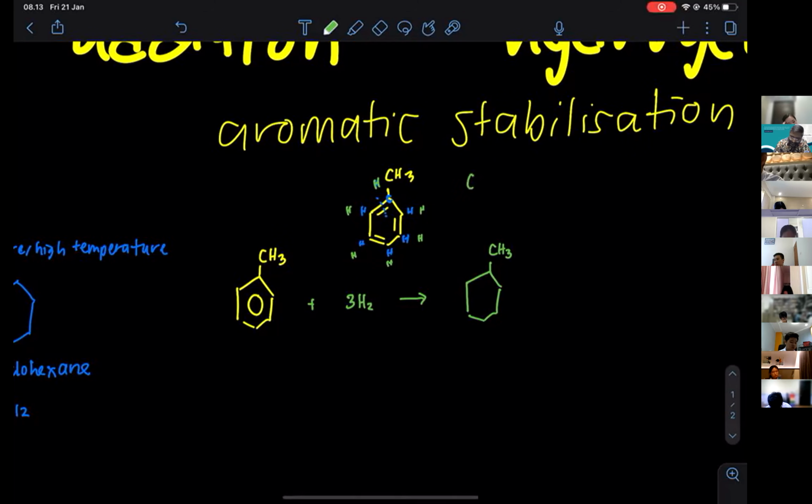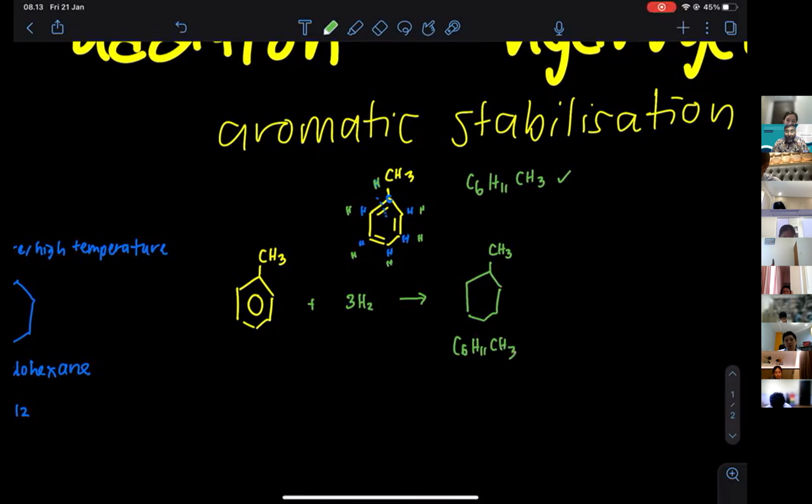This one is C6. How many hydrogens? 1, 2, 3, 4, 5, 6, 7, 8, 9, 10, 11. Let me count again: 1 to 11. Correct, so you will get C6H11, CH3.